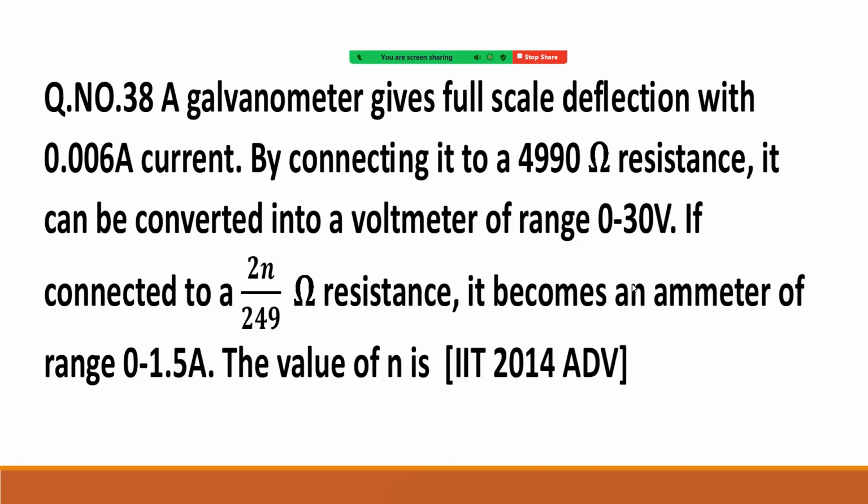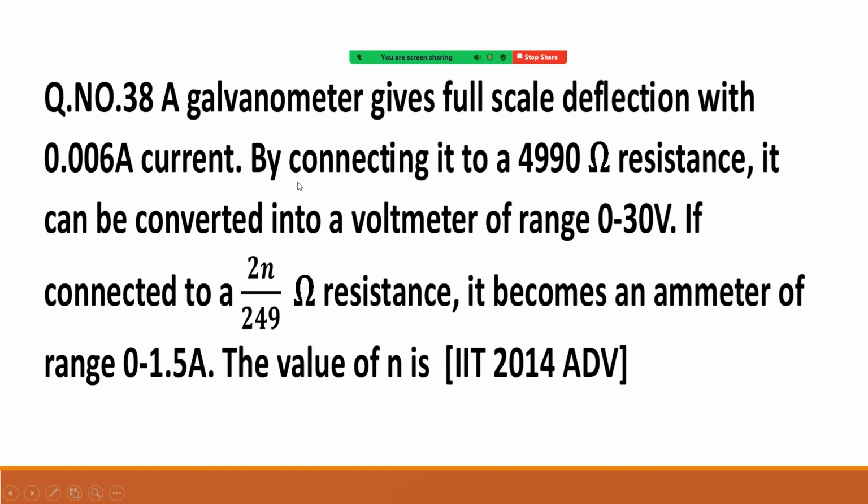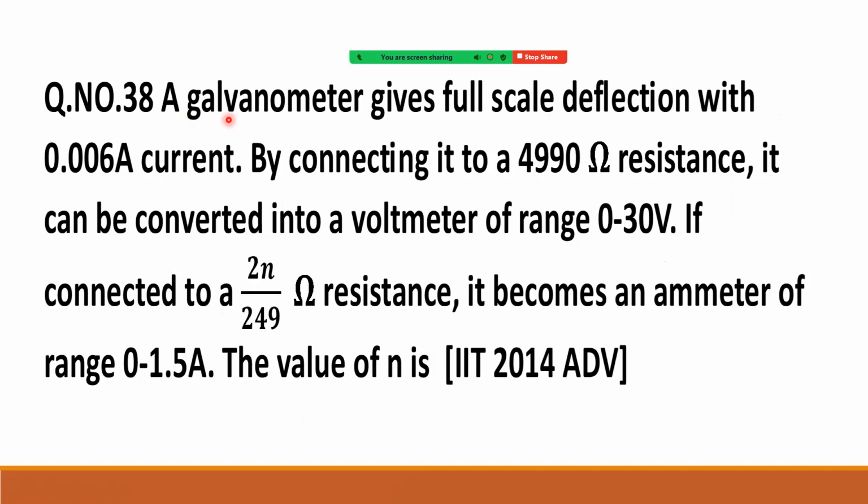See the next one. A galvanometer gives full scale deflection with 0.006 ampere current. By connecting it to a 4990 ohm resistance, it can be converted into a voltmeter of range 0 to 30 volt.